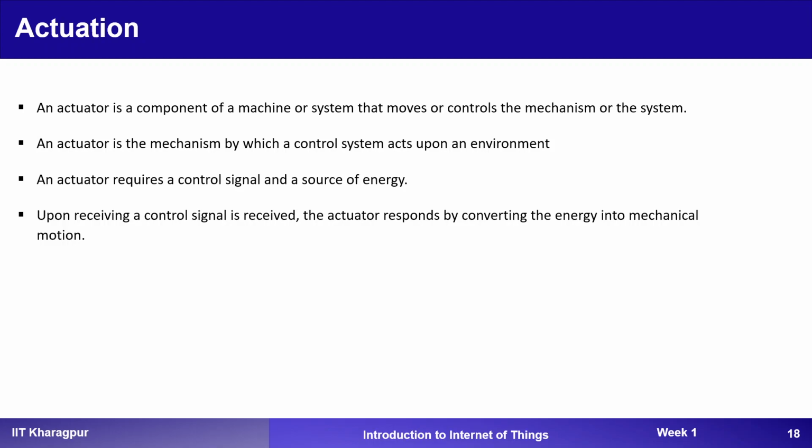On receiving a control signal, the actuator responds by converting the energy into mechanical motion. As I said, the actuator turns off your machine, so it needs to convert the energy into mechanical motion.